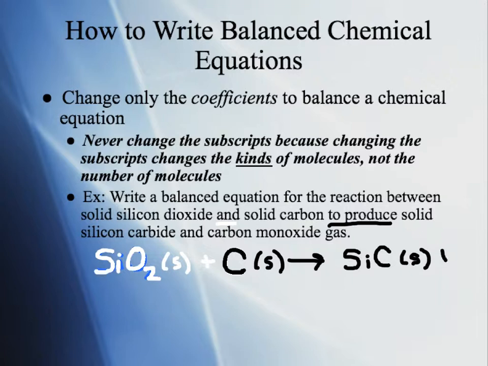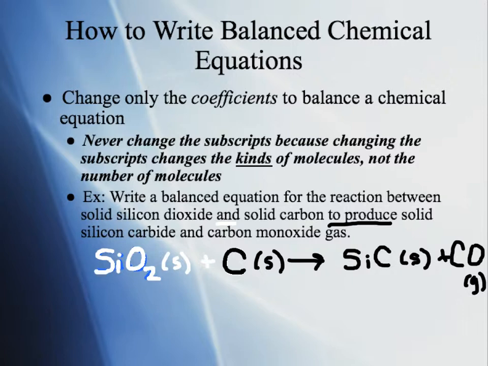So let's go ahead and put carbon, and then monoxide means there's just one oxygen. And I'm running out of room there, so we'll sneak the little gas symbol underneath. All right, so we go silicon dioxide solid plus carbon solid. It's going to react to form silicon carbide solid and carbon monoxide gas.